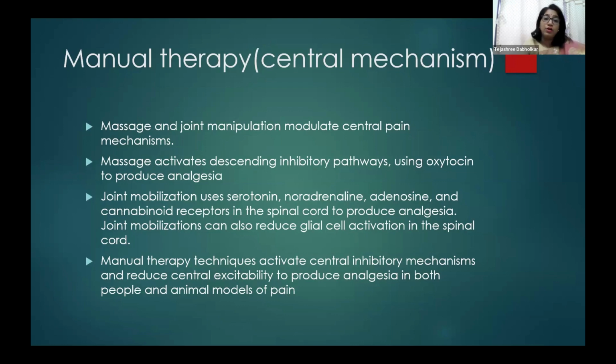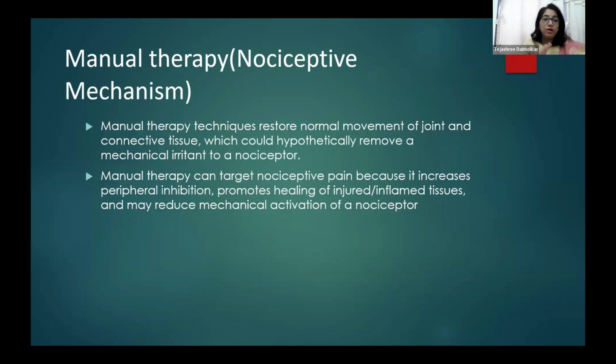So whenever neuroplastic pain is there, manual therapy does help in that case. The nociceptive mechanism is also working for manual therapy, and neuroplastic is also helping, because in nociceptive, when we are giving manual therapy, all of us know that there are receptors which are getting activated, and that is how the inhibition of the pain happens.